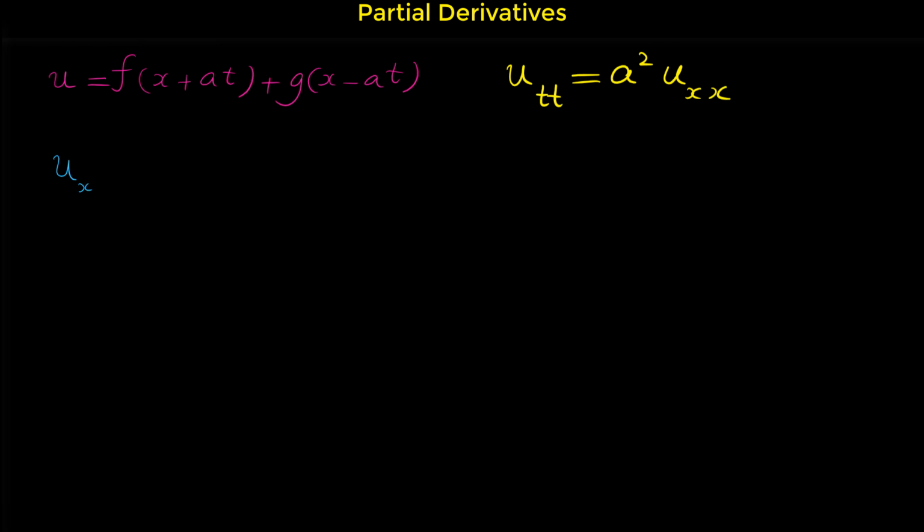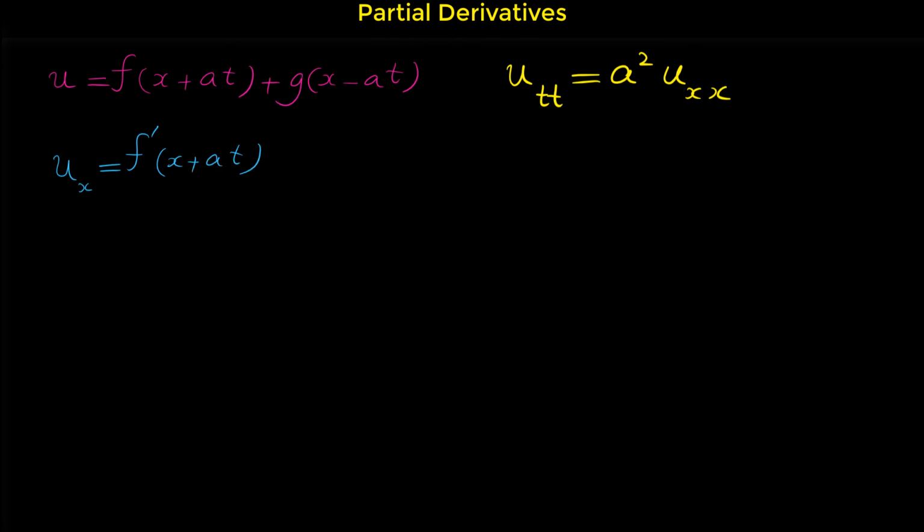First, we find u sub x, the derivative of u with respect to x. Derivative of f, which is an unknown function, is f prime. So derivative of f of x plus at is f prime of x plus at.